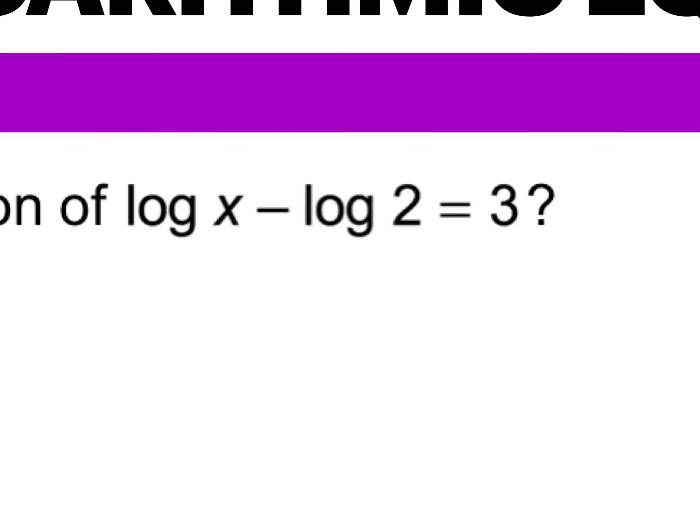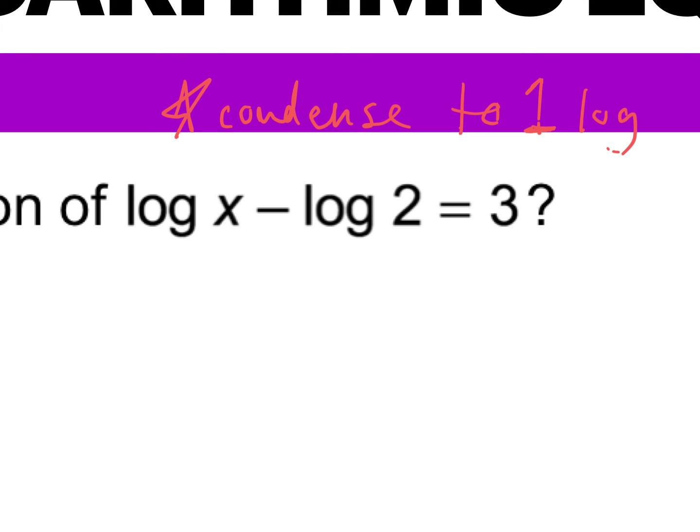This one's kind of the same idea, but a little bit different because we have two logs on one side of the equation. Whenever you have two logs, you want to condense to one log. So how can we condense this to one log?